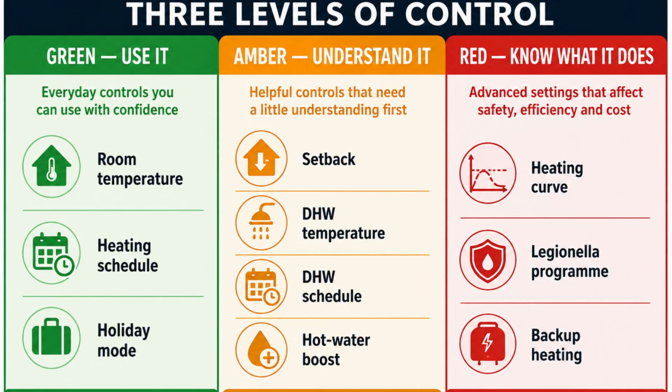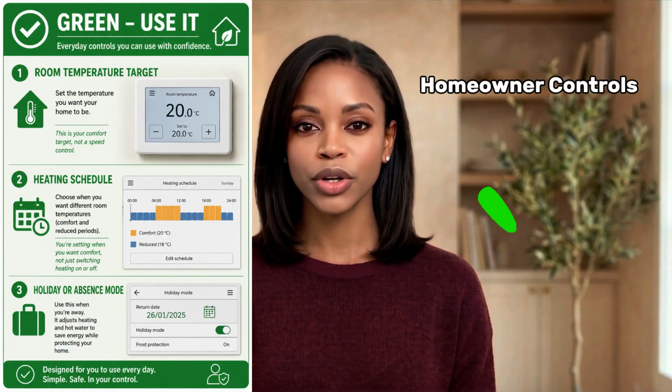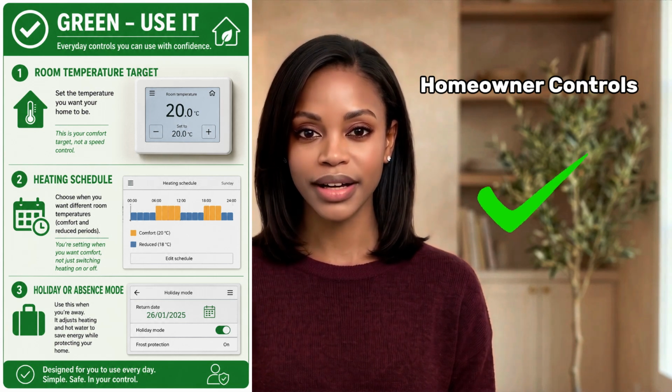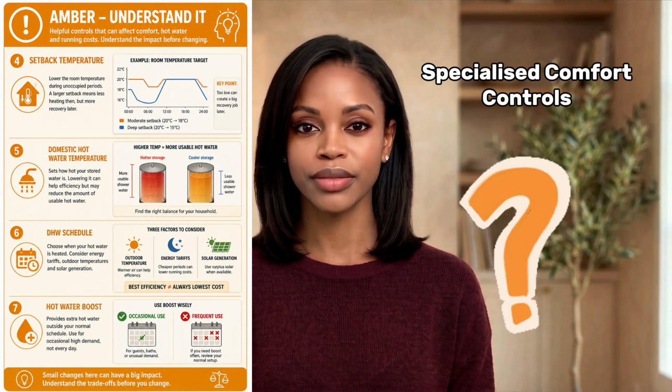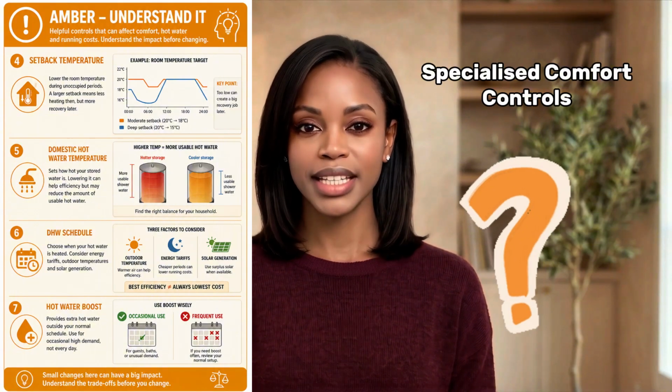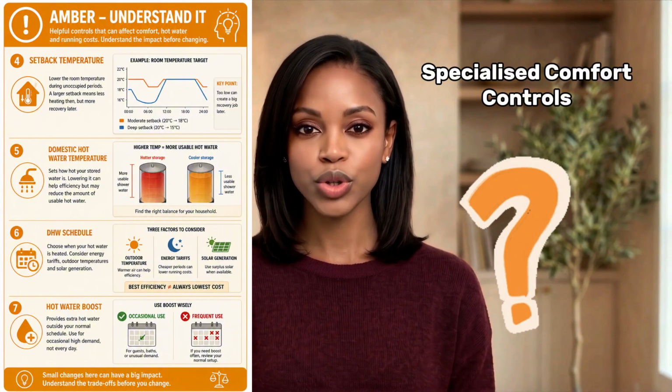Your 3 levels of control. Let's make everything we've learned incredibly simple. These are normal homeowner controls: room temperature target, heating schedule, holiday or absence mode. You're telling the system what you want. These include setback temperature, domestic hot water temperature, DHW schedule, hot water boost.